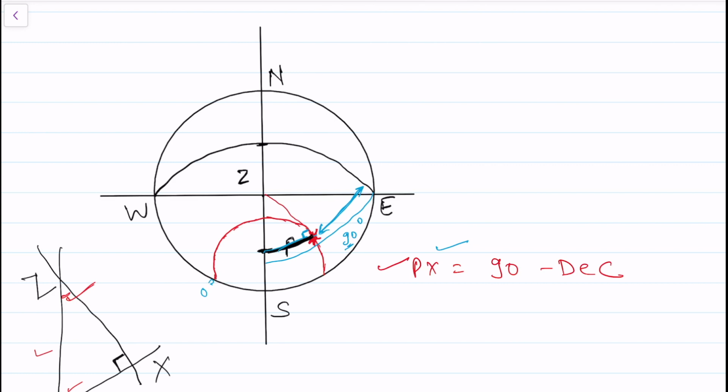ZP or PZ is colatitude. It is also the same: from equator to pole is 90 degrees, and this is latitude, right? So 90 minus latitude is colat, so we have PZ also. And this is angle Z, this is azimuth, right? Azimuth, we have to find this angle, the maximum azimuth.